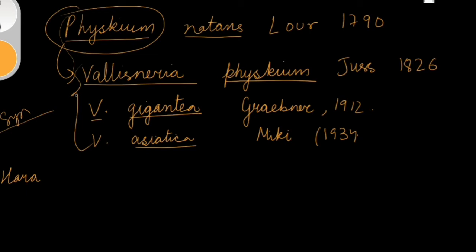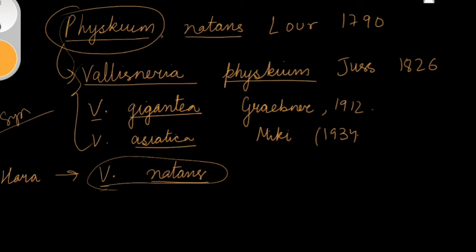Okay, so later on, Hara, he gave a correct name and called it Vallisneria natans. He maintained the generic name as this, and he used the natans from the Physicium. So this name, Vallisneria natans, was actually based on Lour's Physicium natans.